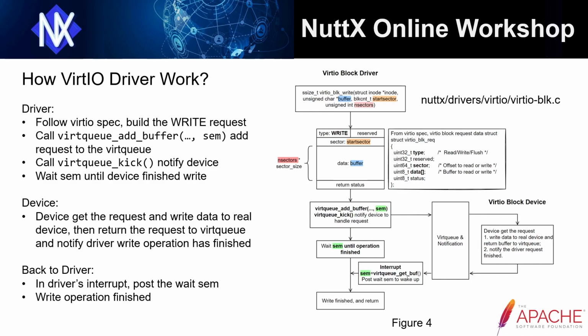After this, the VirtIO driver will receive an interrupt, and in the interrupt handler, the driver will call virtqueue_get_buffer to get the waited semaphore and post the semaphore to wake up the write operation. And finally, the write operation finishes and returns.